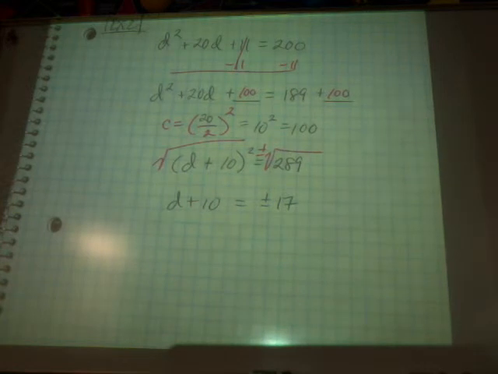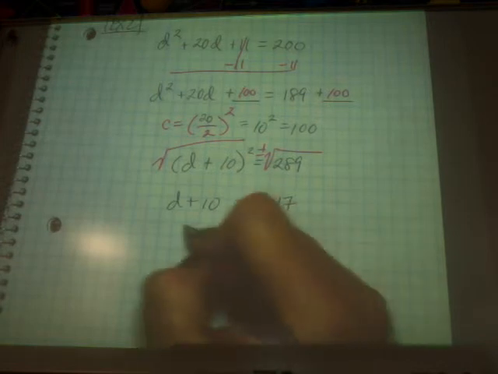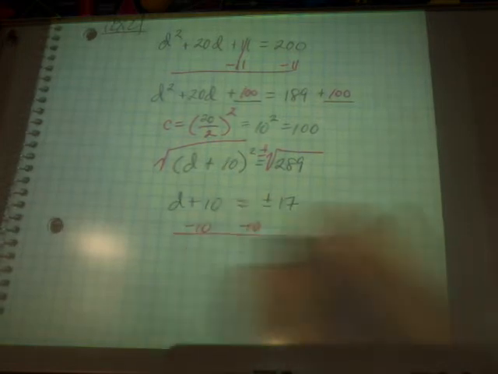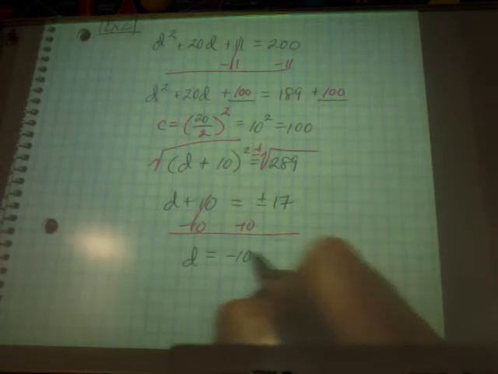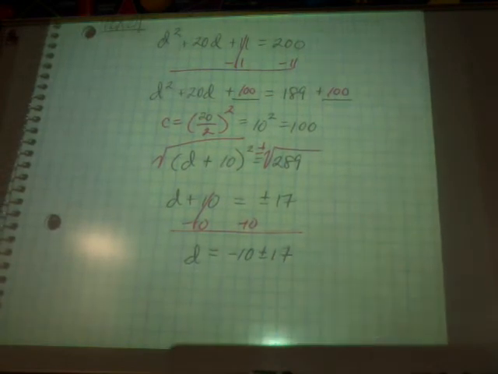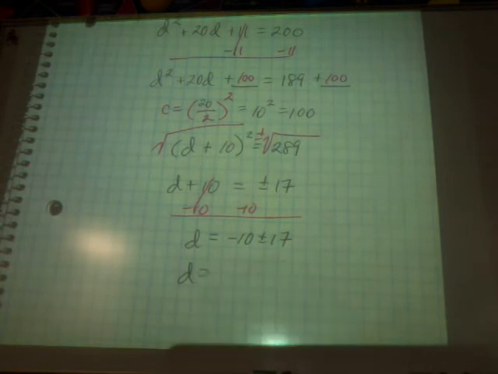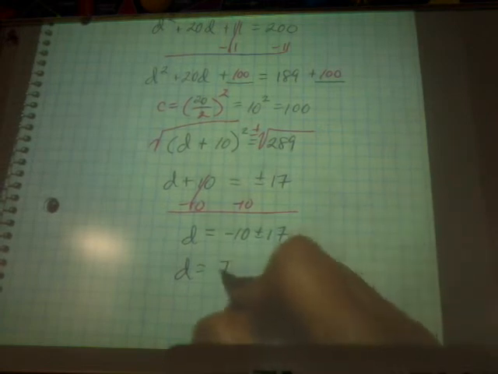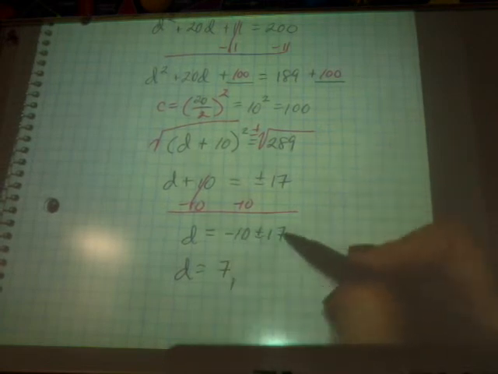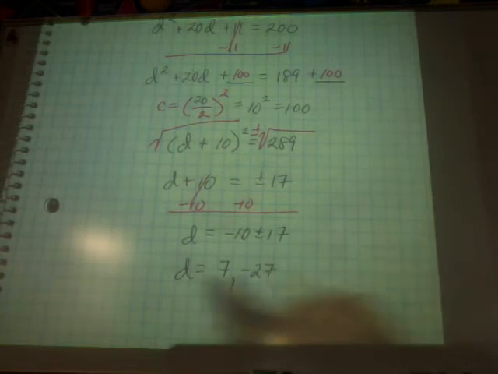Now what? Subtract 10. You get d is equal to negative 10 plus or minus 17. So your two answers for d are, what's in? Yep. A negative 10 and a positive 17 is 7. And a negative 10 and a negative 17 is negative 27.